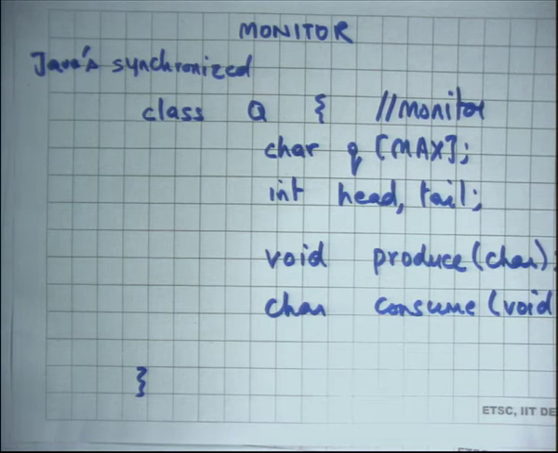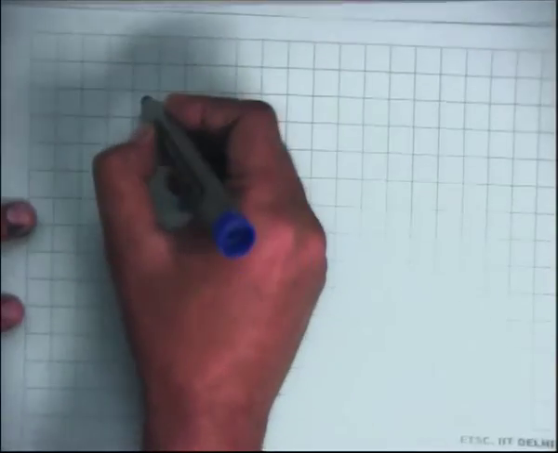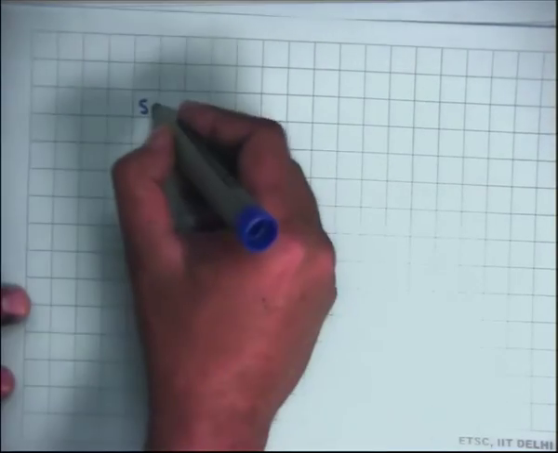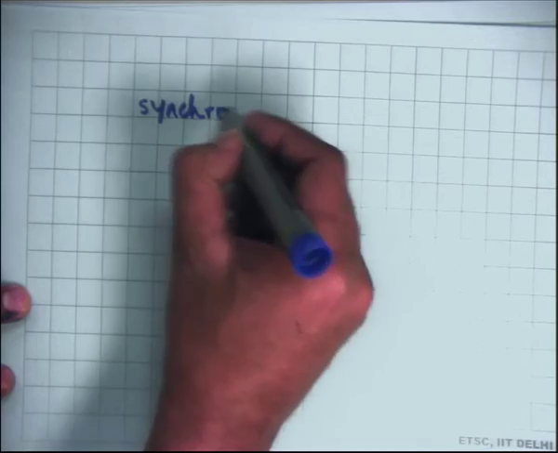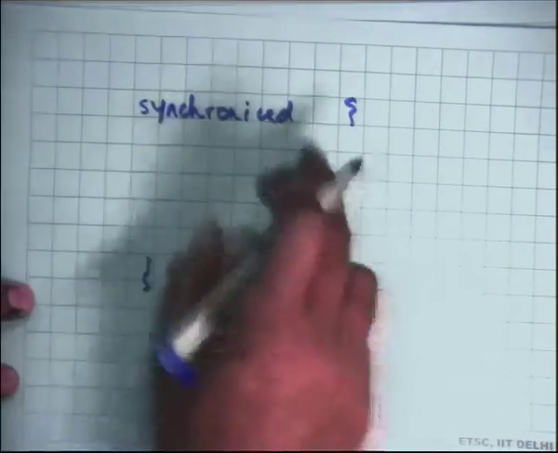So if you don't want to use explicit locks, Java allows you things like a synchronized class, which means a monitor, or you can also use synchronized blocks, so you can just say synchronized on, and write some code here.